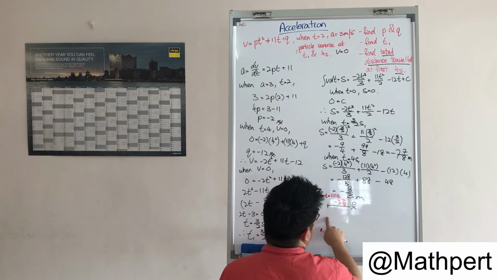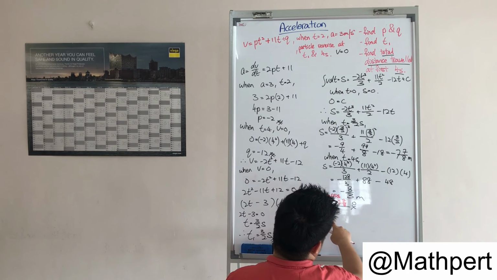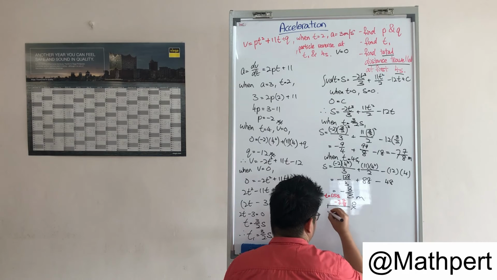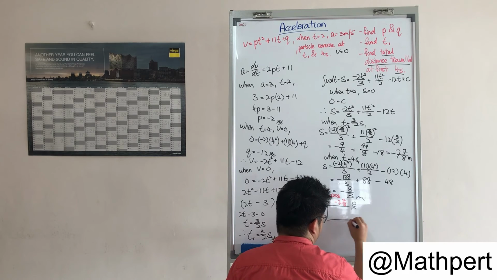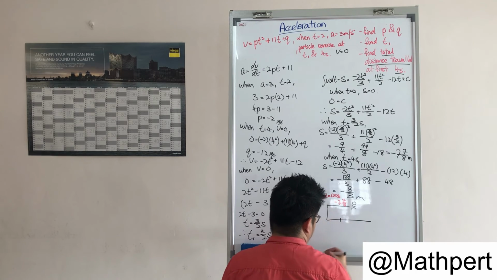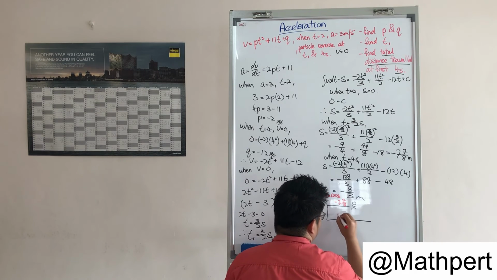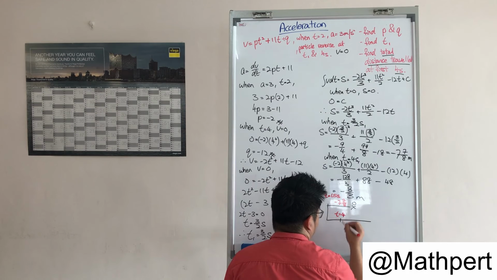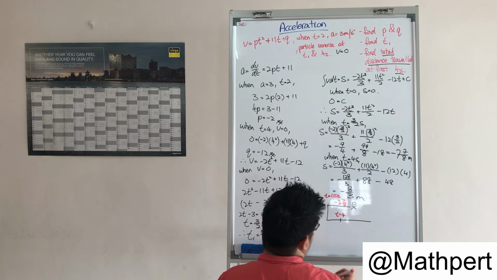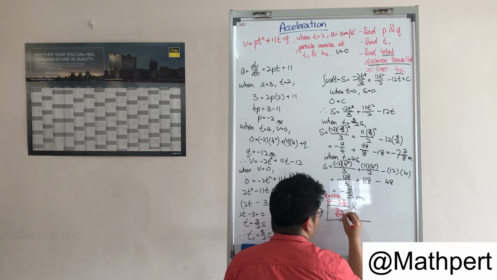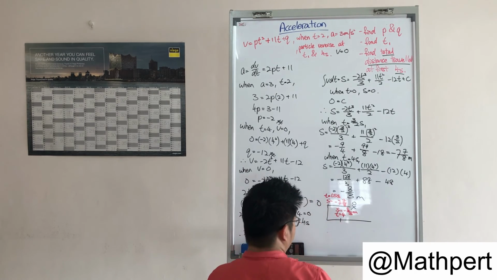Then after changing direction, it travels to the right hand side. So here, this is t equals 4, and the displacement is s equals minus 8 over 3 meter. Alright?